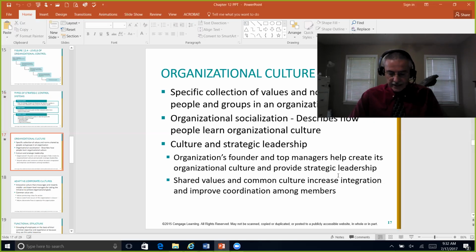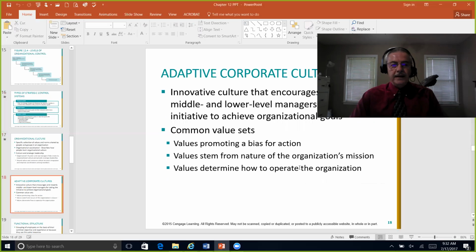Very interesting about how Sam Walton created that culture initially for Walmart and how Walmart has adapted that and became one of the largest corporations in America. So what are some of the traits of a strong and adaptive corporate culture? Over on page 413, few environments are stable for a prolonged period of time.